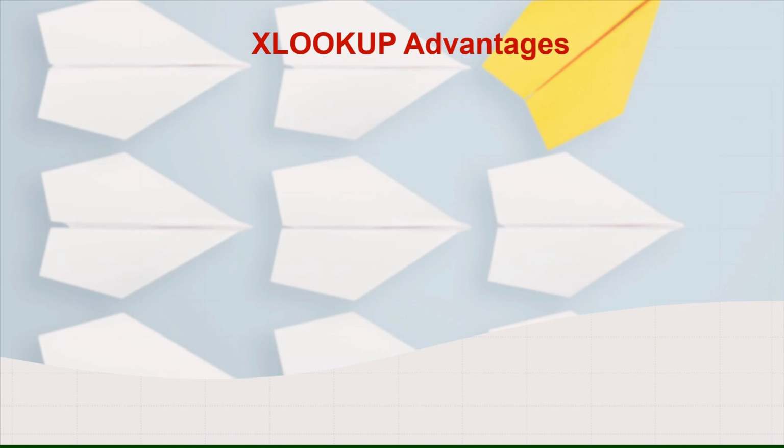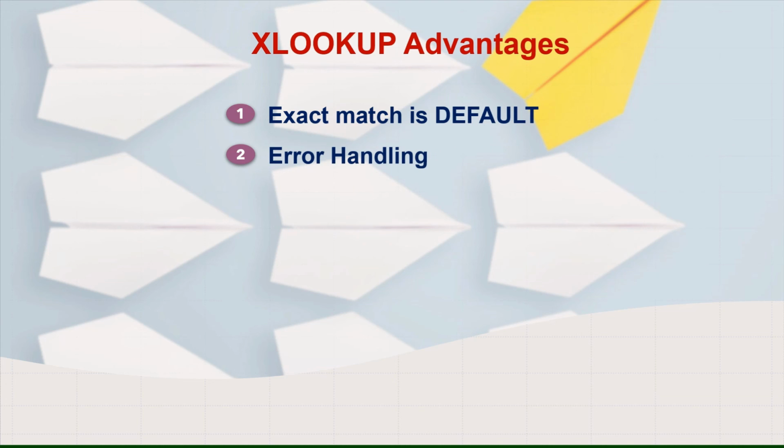Let's recap some of the advantages of the XLOOKUP formula. To look for an exact match in XLOOKUP, we don't have to specify 0 at the end of the formula. Exact match is the default option. Error messages can easily be handled with the help of the fourth parameter, if not found.